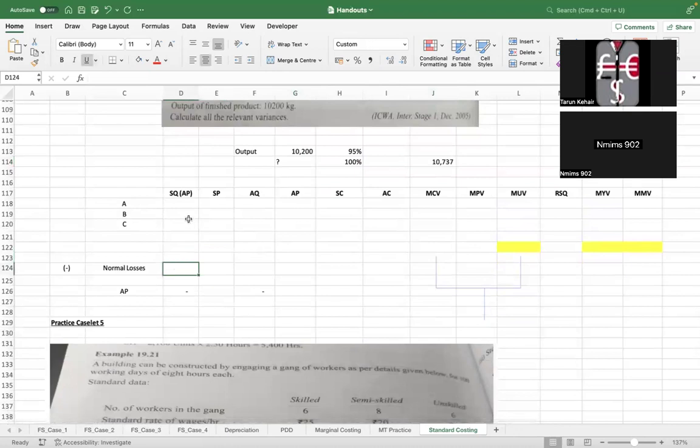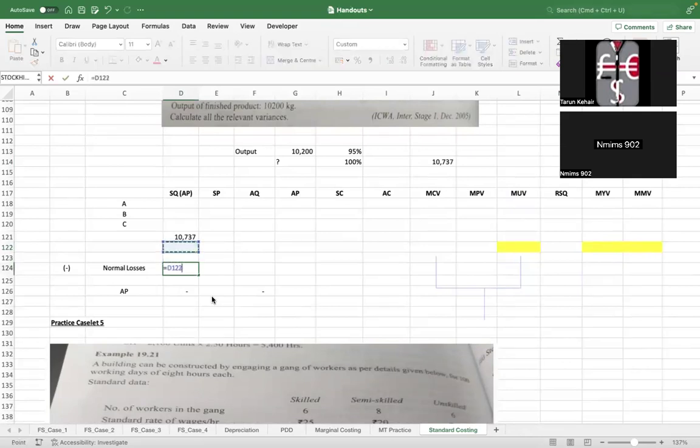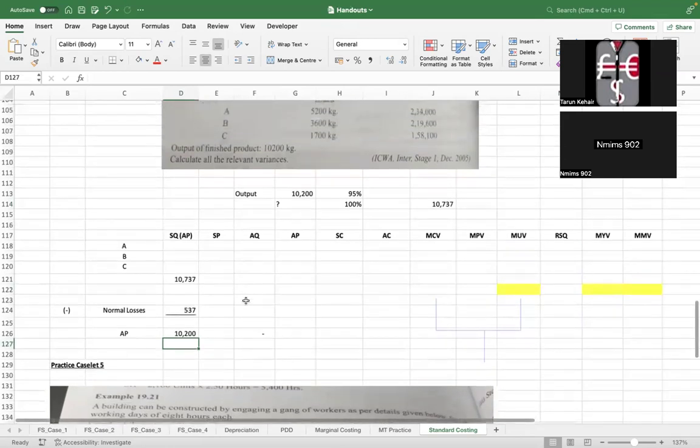Which means that our standard quantities for actual production should be aligned to 10,737 units. Normal loss is 5%, so if we apply 5% on this, we get 537. Which means our actual production is 10,737 minus 537, which is 10,200 kgs. Right, Nihar? So this is your actual production.